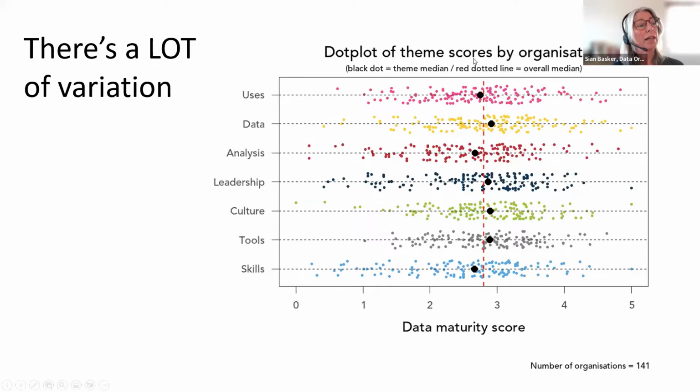And you'll also see the median overall, which is this red dotted line, which we talked about earlier, the 2.8, as the general picture, but again there are slight differences between each of the themes. So you can see skills is the weakest theme, analysis and uses is slightly below the average as well. So a lot of leaders and a lot of laggers in every sector and in every area.